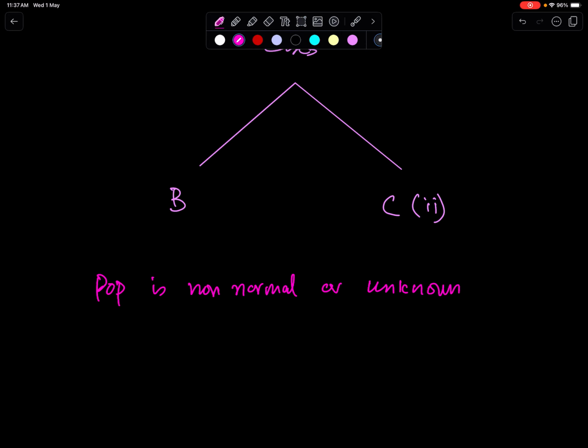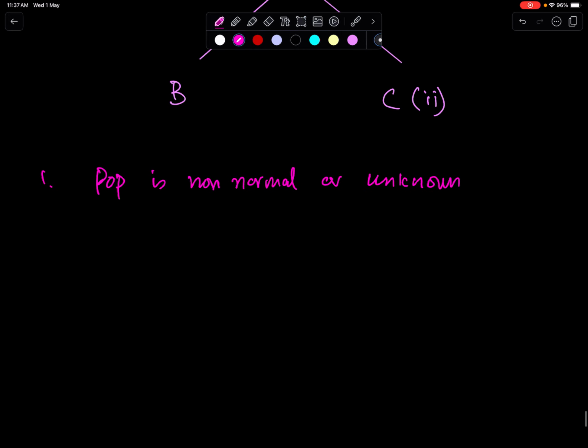This is the first point. We don't know what is X. We can't write X is normal in both the cases. Number 2, here sigma square is known. Here sigma square is unknown.